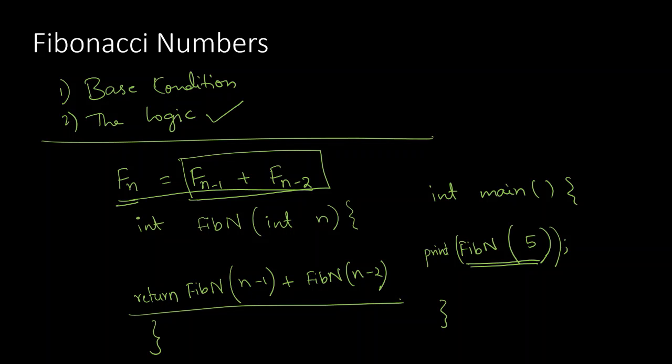But the thing is, when you enter this function, you go here and it calls n minus 1th. So if you call the fifth, the recursive call, this call makes a call to 4, fib n of 4, and then again this function calls fib n of 3 and 2 and then 1 and then 0, minus 1, it goes on. But we want it to stop somewhere, and that is nothing but the base condition.